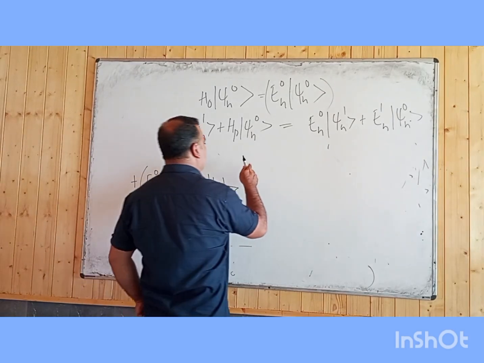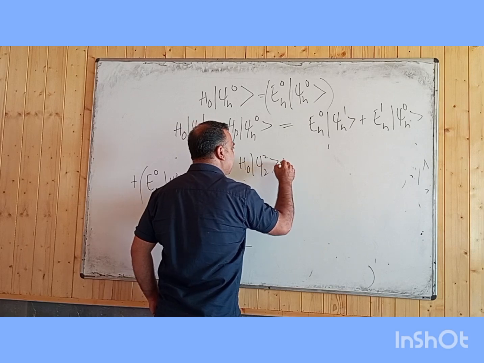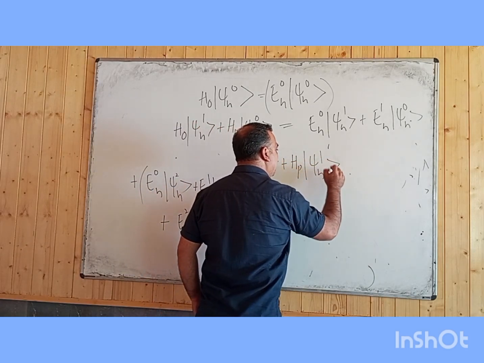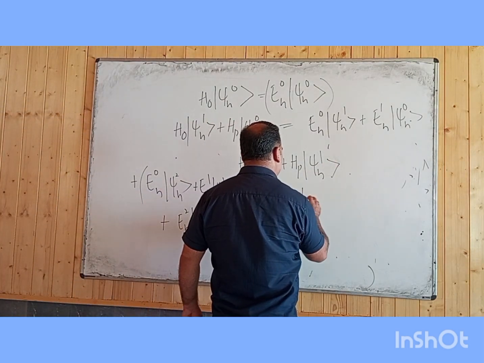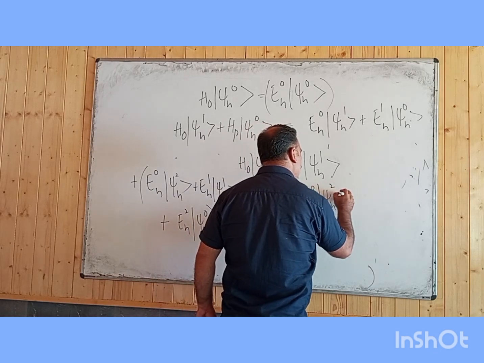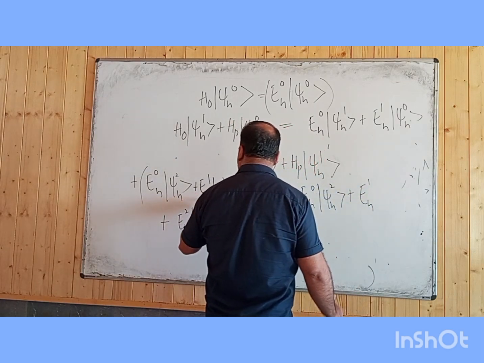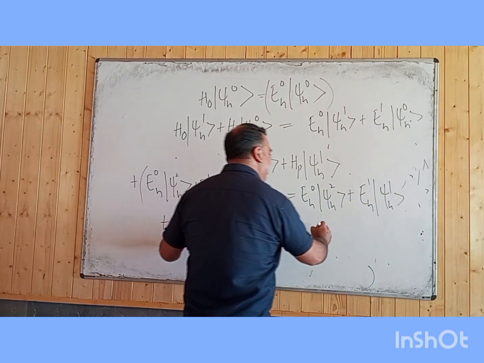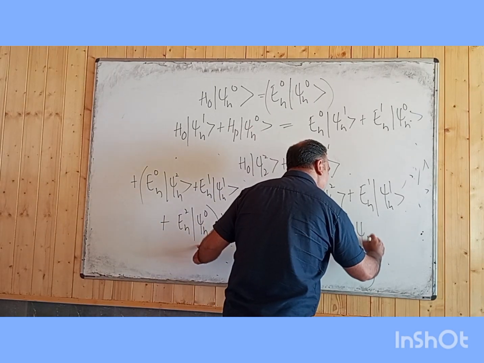H naught psi n2 plus HP psi n1 is equal to E n naught psi n2, plus E n1 psi n1, plus E n2 psi n naught.